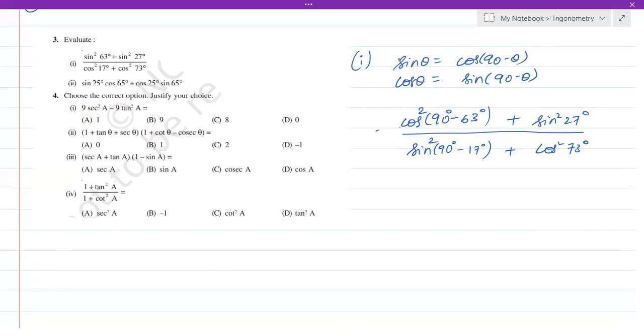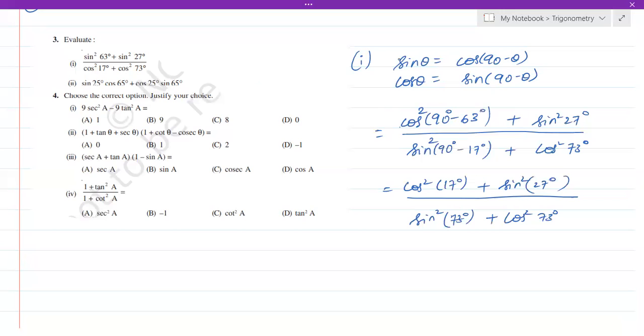Now the numerator, cos square of 90 minus 63, that will become 17 degrees, isn't it? Plus sine square 27 degrees divided by sine square 73 degrees plus cos square 73 degrees.